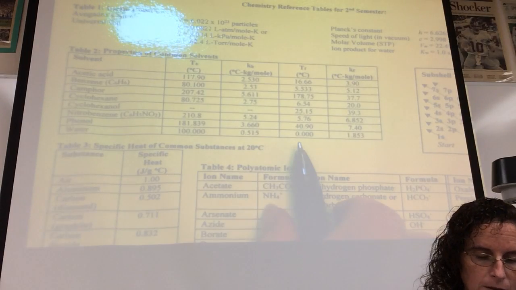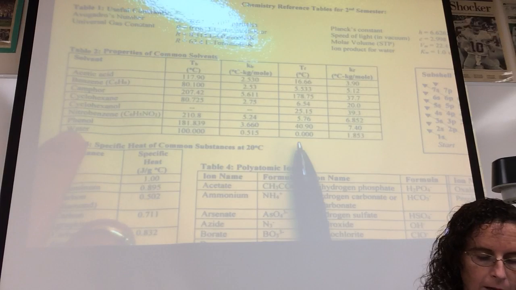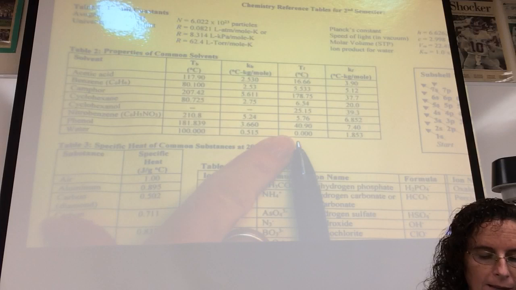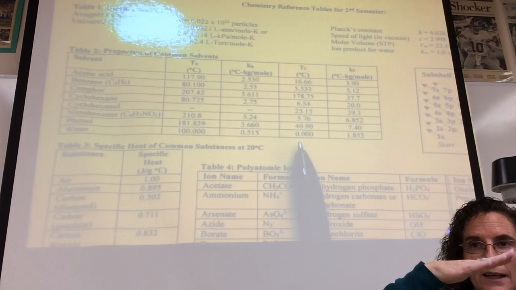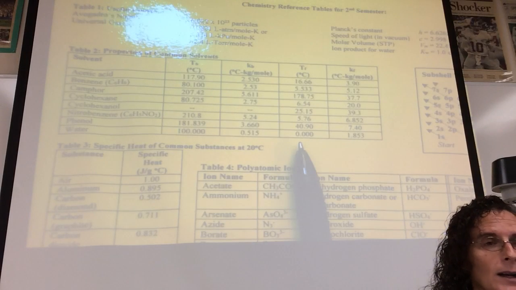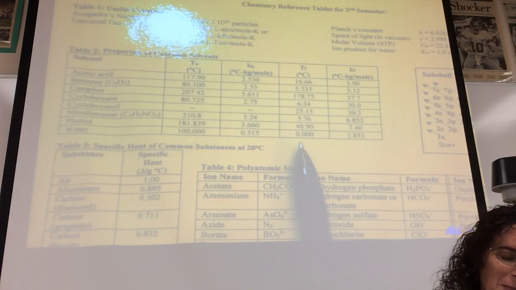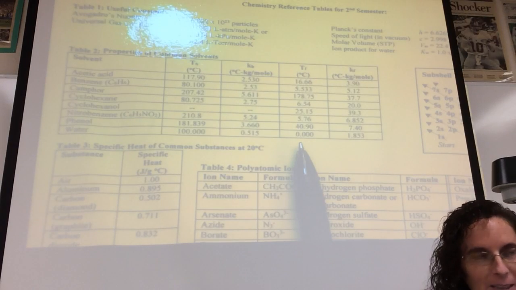If you make a solution in which water is the solvent, will the freezing point of the solution be greater than or less than 0? Why will it be less than? Because the freezing point gets depressed, so it has to be less than 0. So the freezing point of the solution will be less than the freezing point of the solvent.